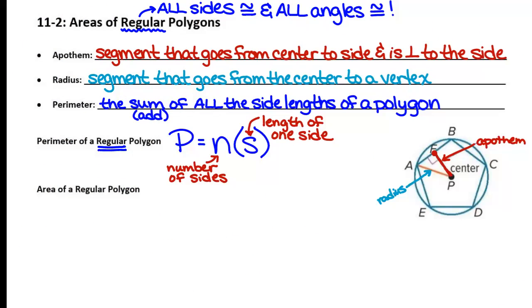Number of sides times the length of one side. It's just a shortcut for me to add up all of those sides since they're all the same size, and the number that I have of those will be the same as the number of sides.